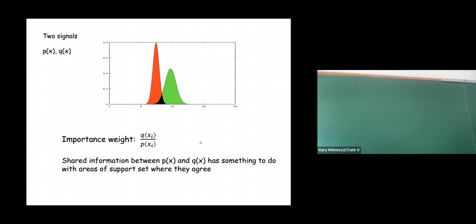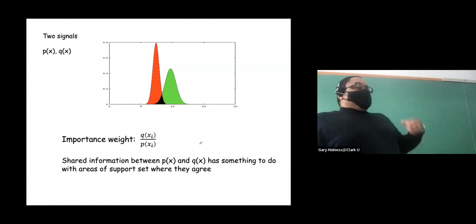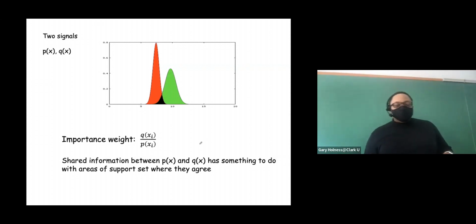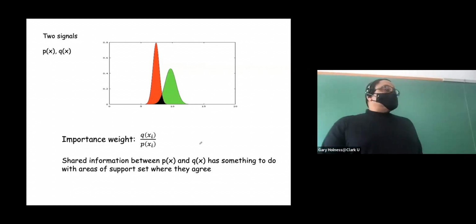It's what is important, and it's usually smaller than all of the values inbound and outbound to and from the channel because they agree on it. Because they agree on these values, i.e. the importance weight is close to 1, there must be something special about this set of values different from all the other values. Okay. Any questions?